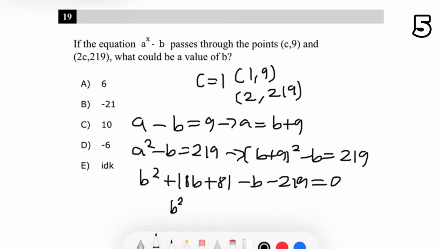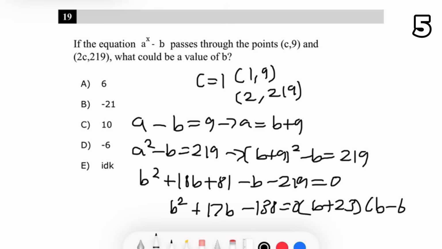We can simplify that down into b squared plus 17b minus 138 equals 0. When we factor that, we get b plus 23 times b minus 6. And we get our two b values as negative 23 and 6. Looking at our answer choices, A is the answer.